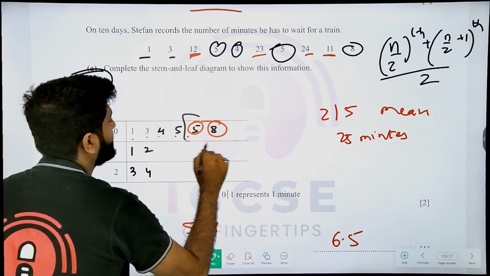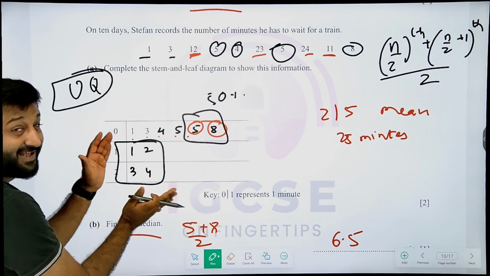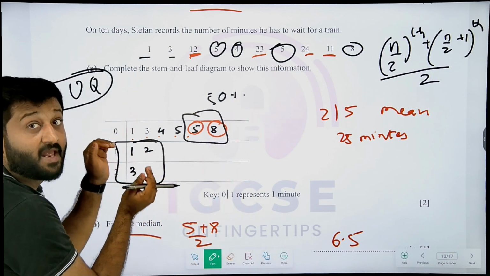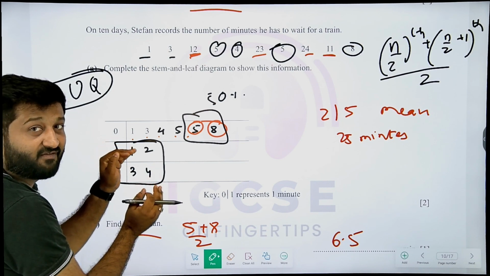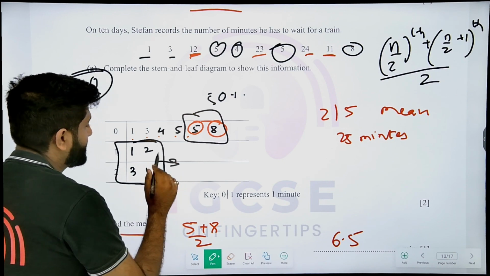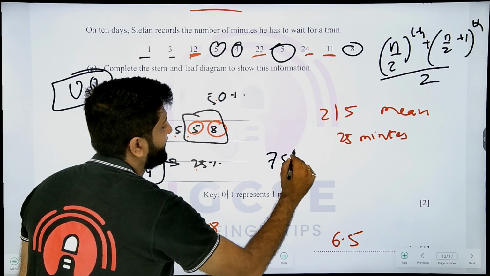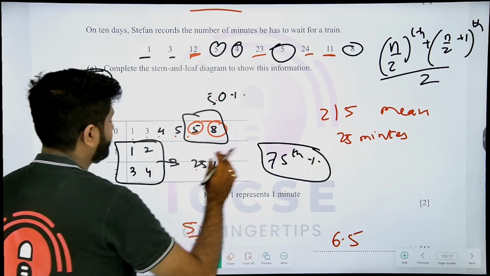So what is this, guys? This is my 50th percentile. Now this is the rest 50% data. Again, if I find the median, which means I am finding the central value, it is going to give me 25%. So 50 plus 25 is my 75th percentile, right?